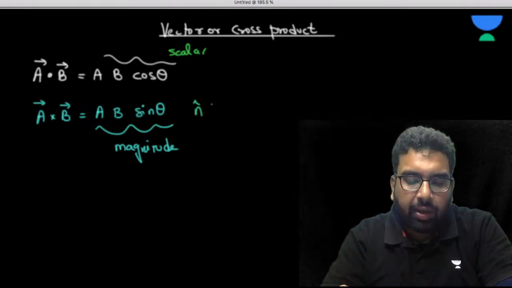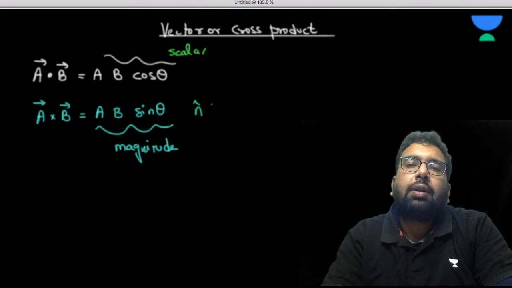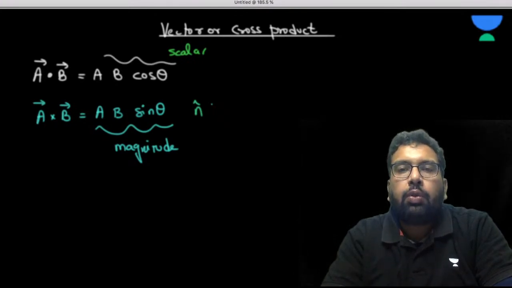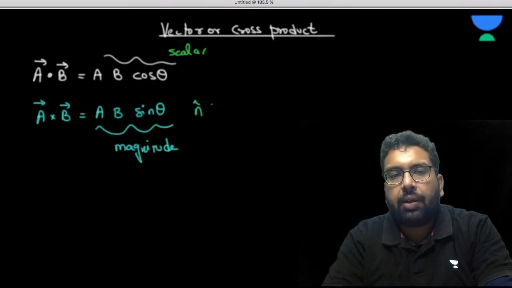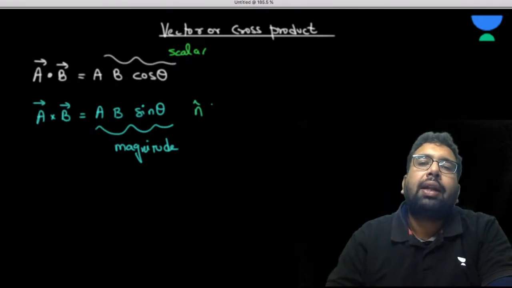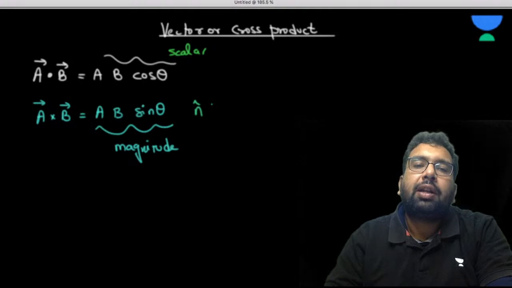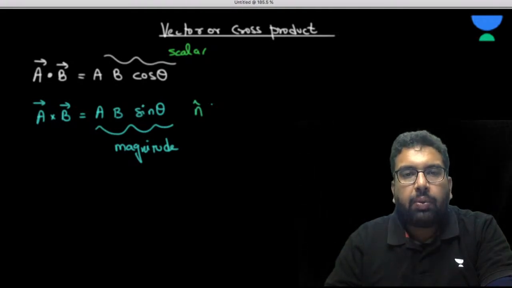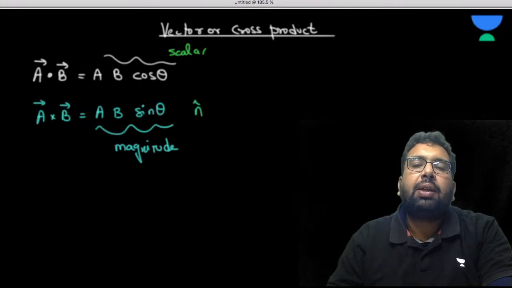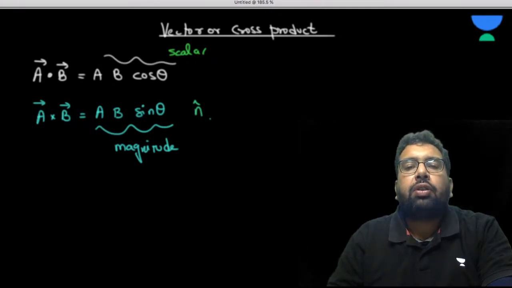Any vector is defined by two things: one is magnitude, one is direction. So when we do A vector cross B vector, we have the magnitude as AB sine theta and the direction as n cap. n cap is the unit vector in the direction of this A cross B.